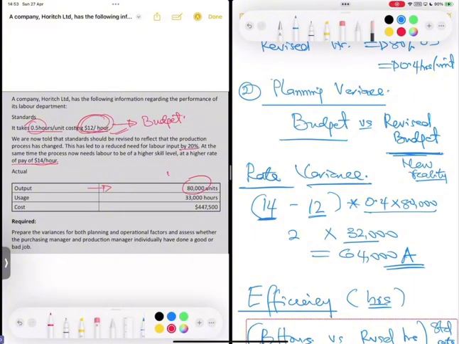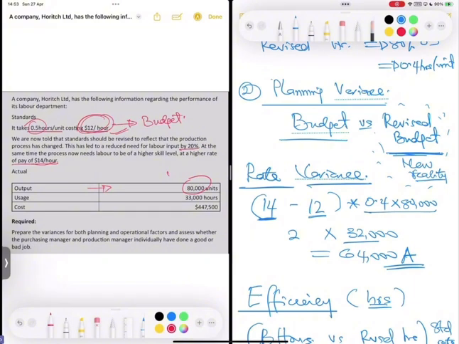And when you're comparing in planning variance, your revised budget is standing like an actual for you. So your standard is your budget. The new reality is the revised budget, which is like a fresh actual. Though not an actual, in this circumstance of planning variance, see it as an actual, because it's more recent compared to the previous budget.